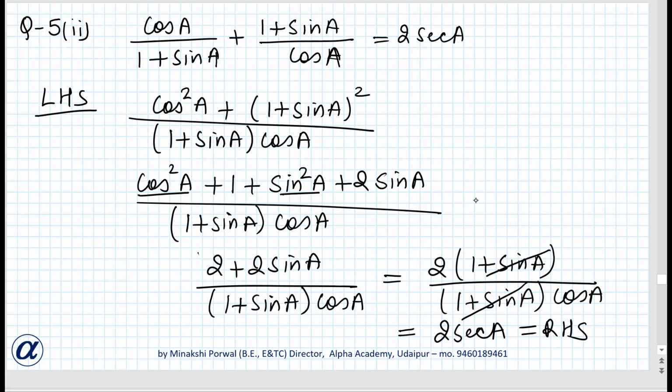Hardik and Yash, only 2 students typed Y. Others, those who are having doubt, please ask me the specific doubt. If you have any doubt in any of the topic, any of this step, please ask me the specific doubt.